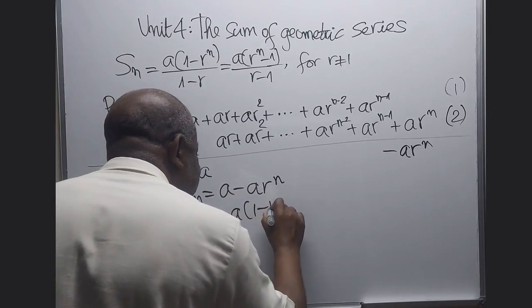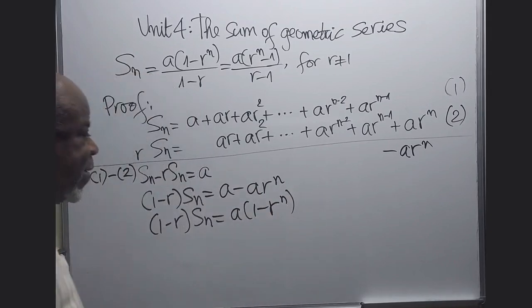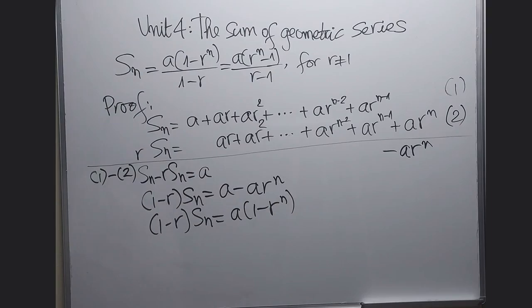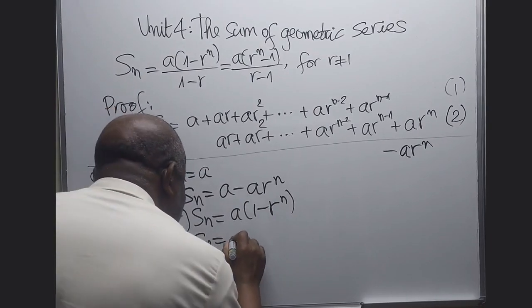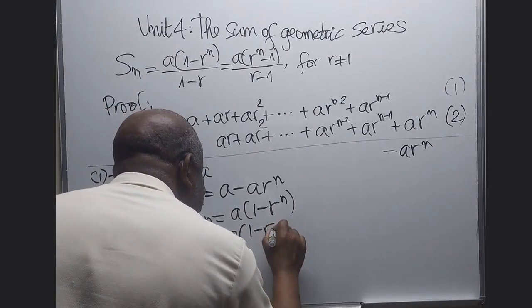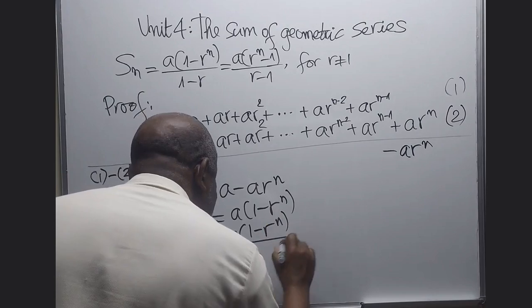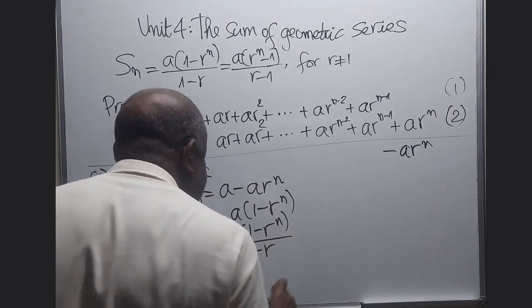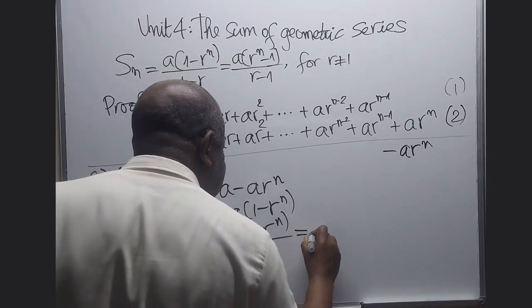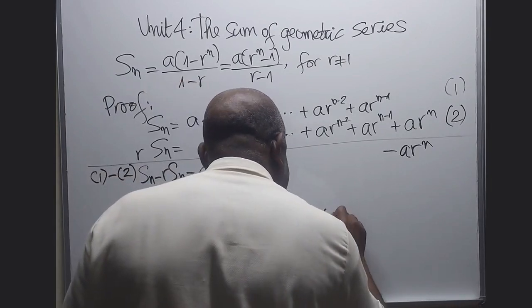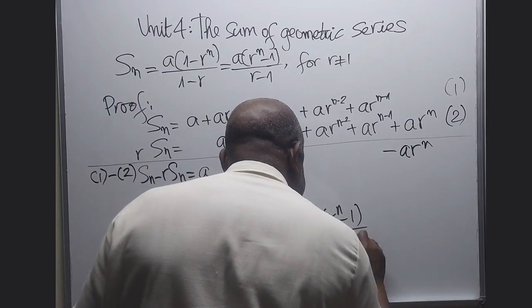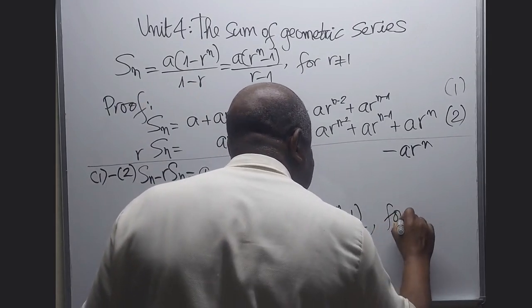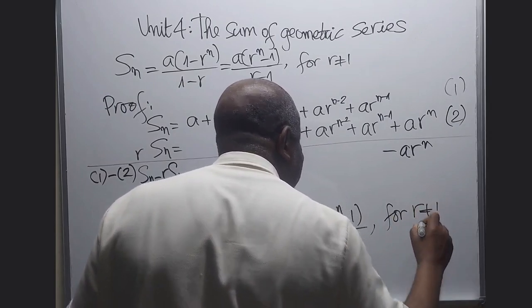We're going to have 1 minus r to the power of n. As we want to get the sum, our Sn will be equal to a times (1 minus r to the power of n) over 1 minus r. And this will be equal to a times (r to the power of n minus 1) over r minus 1. And this is for r different to 1.